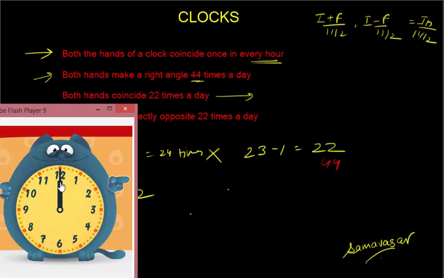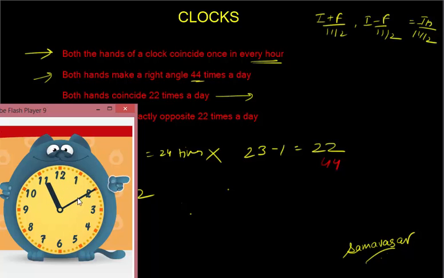Again, if you look at 12 o'clock, between 12 and 1, the hands are first coinciding at 12, and after that, if you see that they don't coincide, and then they will coincide once between 1 and 2. So now we come to the time between 11 and 12.